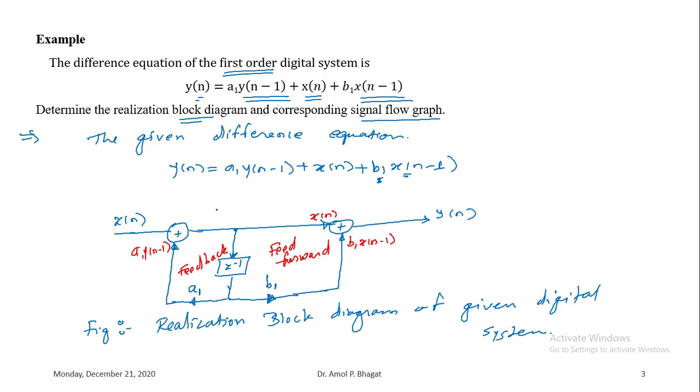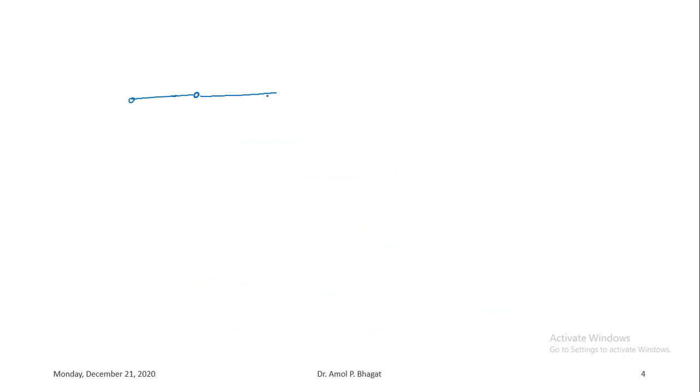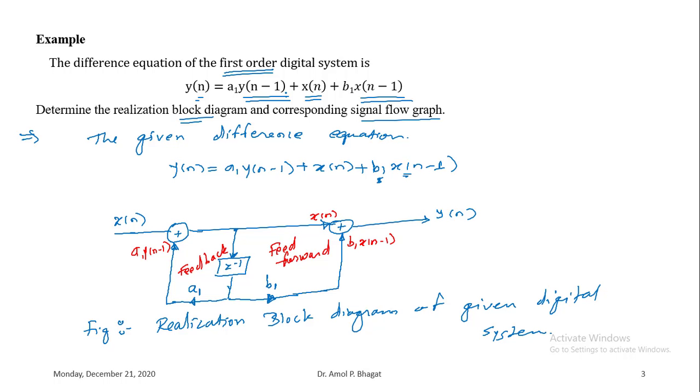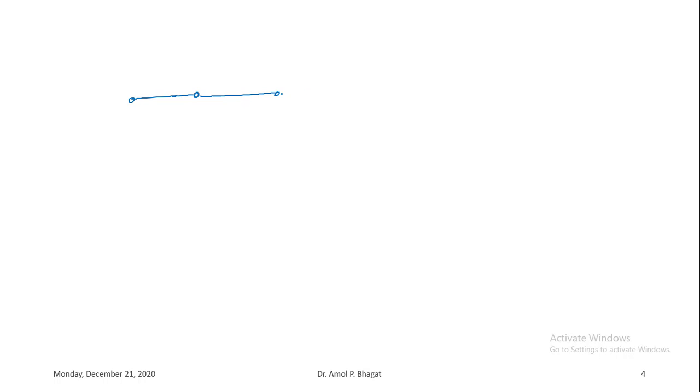Again you can use one more connector node here. Then in the previous slide you can see one more adder, so for that adder this node has been indicated, and then finally your output.